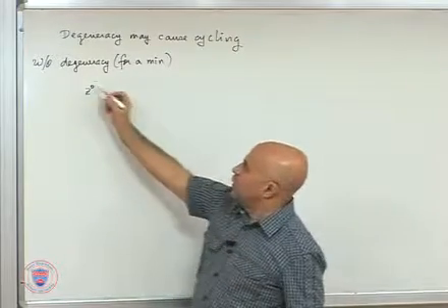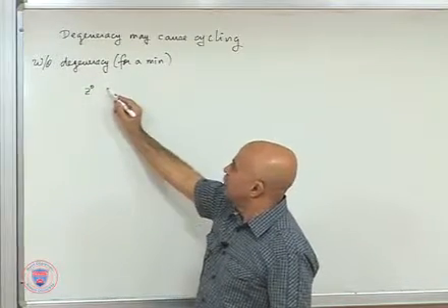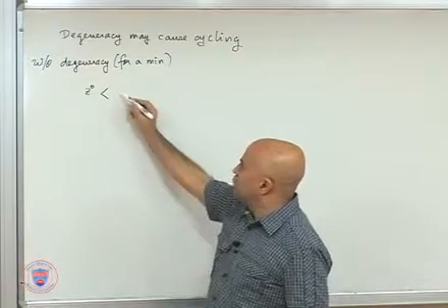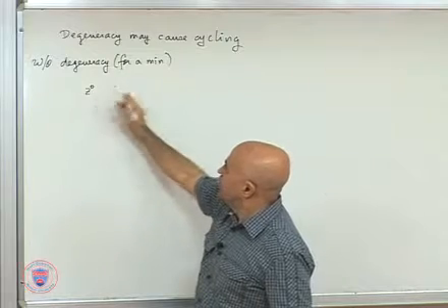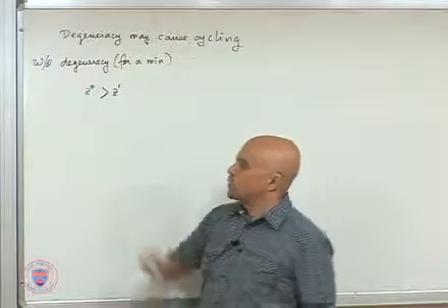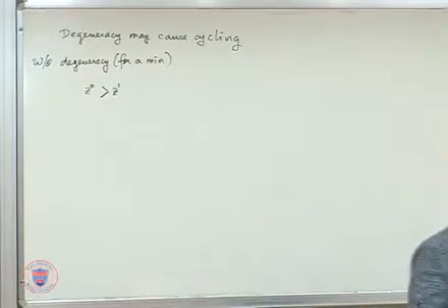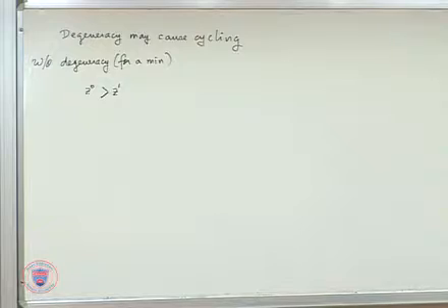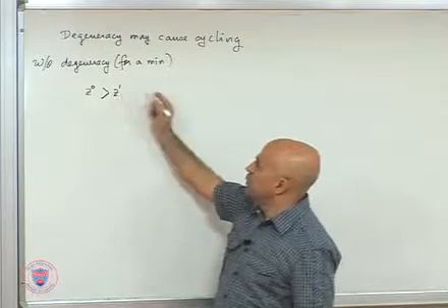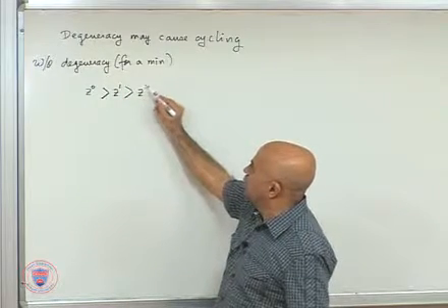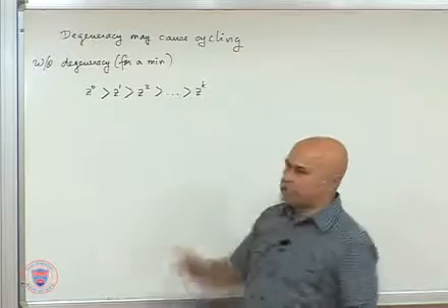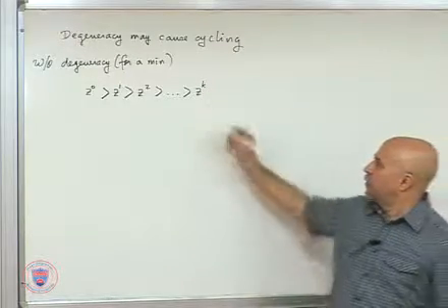Since you're minimizing, and when you don't have any degeneracy, you always move to a new basic feasible solution, which is definitely better in objective value than the previous one. So if z1 is the objective value in the tableau right after the initial solution, it's smaller. And the next one will be smaller, so on and so forth. This just keeps going until, say, in some iteration k, you end up with the optimum.